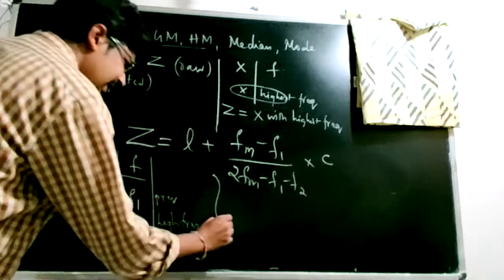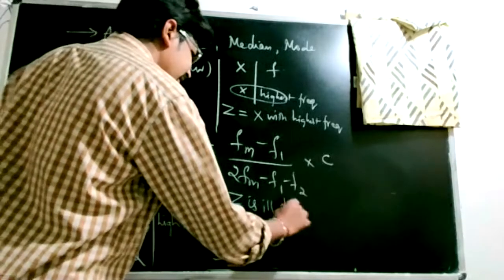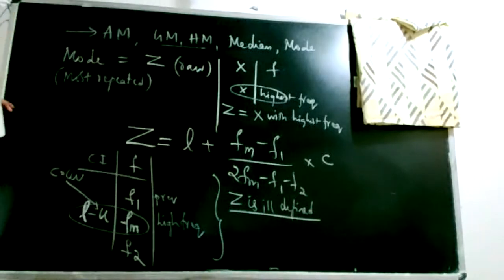Now often we say mode is ill-defined because in certain distributions you will observe there is no mode. For some distributions you will observe multiple modes.